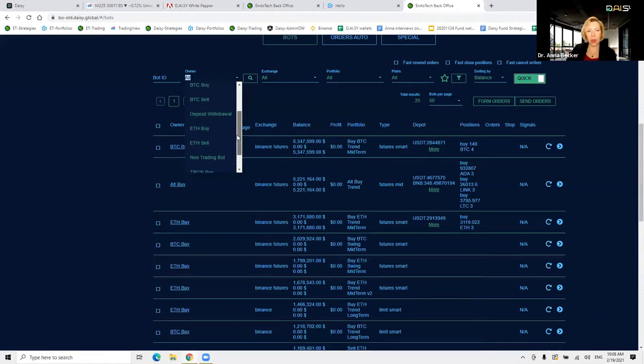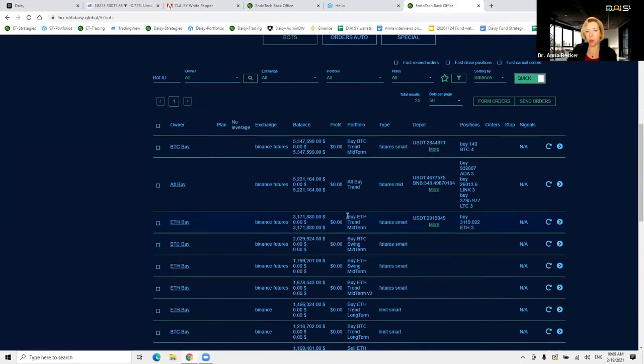And we have a non-trading bot, which is a specific place where we put funds for future trading or for reduction of the leverage. Right now it's practically zero, but at the beginning we had more. And the altcoins, okay?